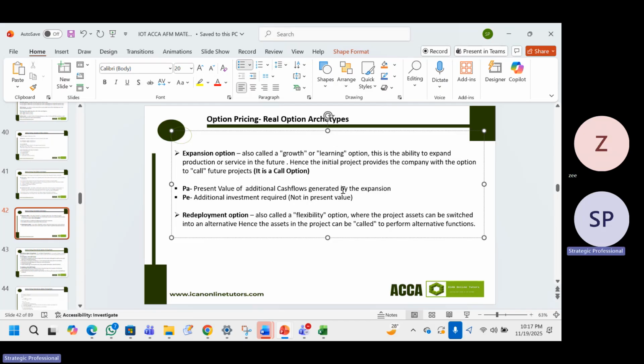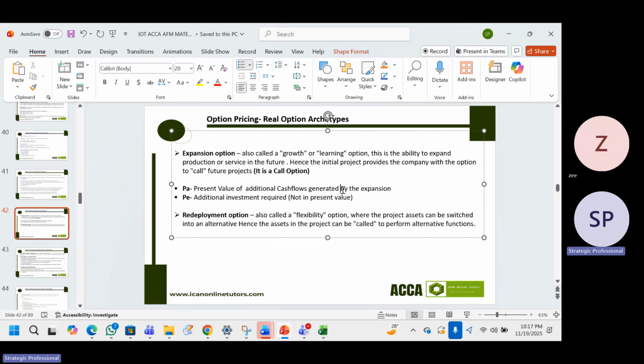So let's say for instance the current operation is generating a cash flow from year 1 to year 5. Just note that. Let's say you now expand in year 3, and from that expansion, additional cash flow is maybe 20 million from year 3 to year 5. You are not going to use 20 million plus the current operation cash flow.